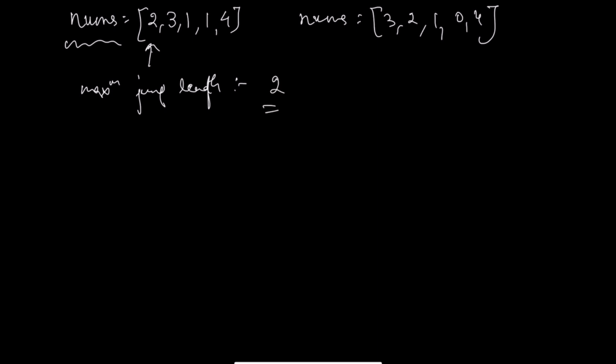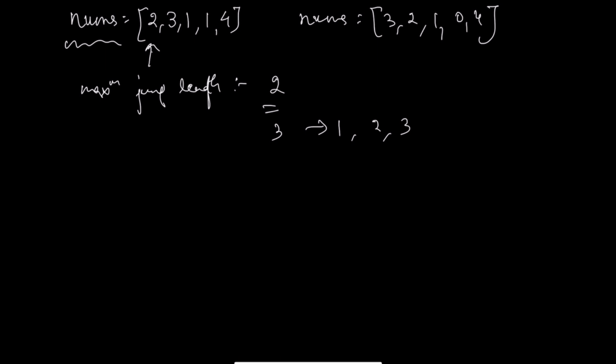So 2 represents the maximum jump length, but that surely does not mean that we have to jump 2 steps. We can even jump 1. So that just means that every element represents the maximum jump length, but we can also move fewer steps than that number. For example, at our index 1, we have got 3. So we can move 1 step, we can move 2 steps, we can move 3 steps.